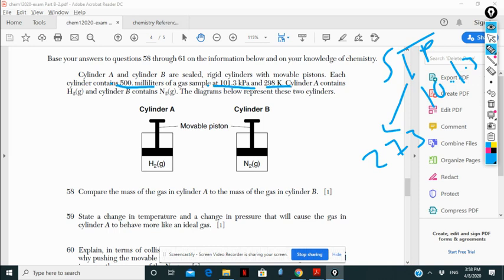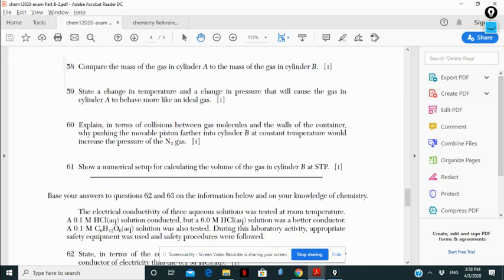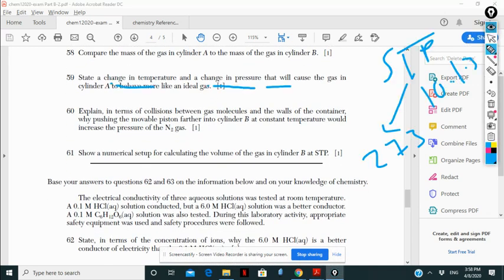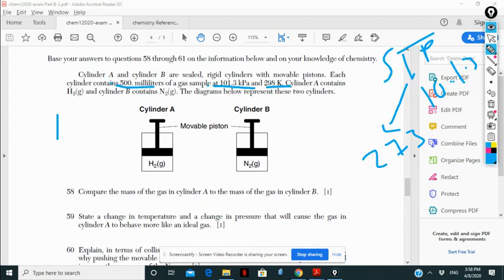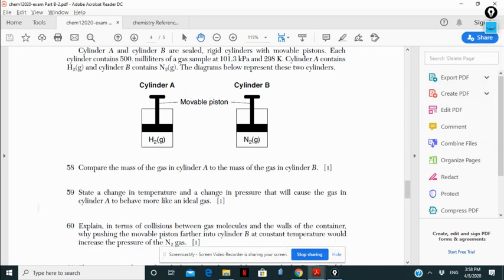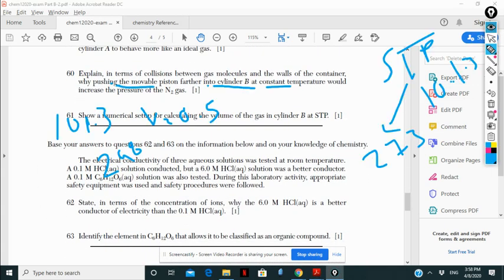Now I'm going to use the information, since he wanted to know the volume. So what was given here? The given pressure was 101.3, the volume was 0.5 liter, and the temperature was 298. So now I'm going to use the combined gas law.